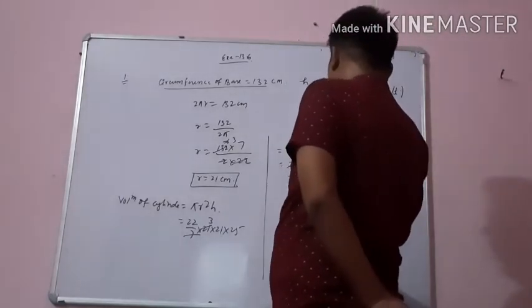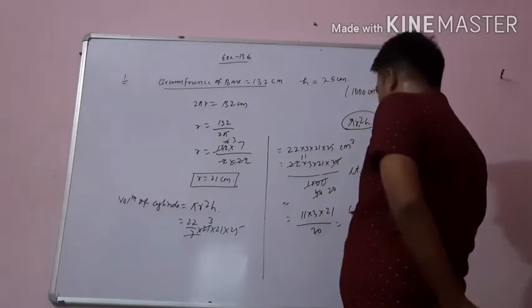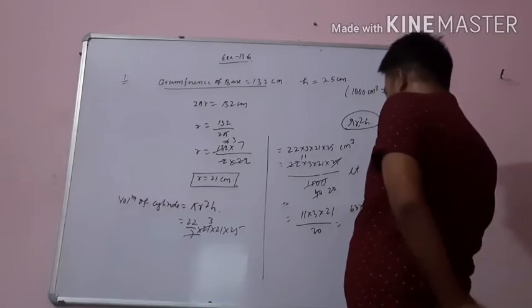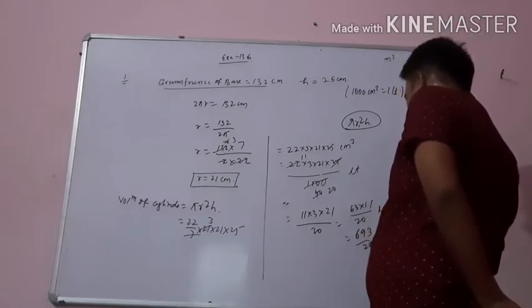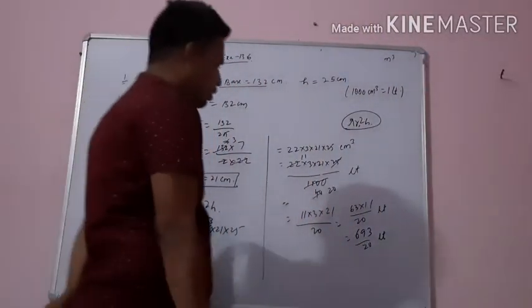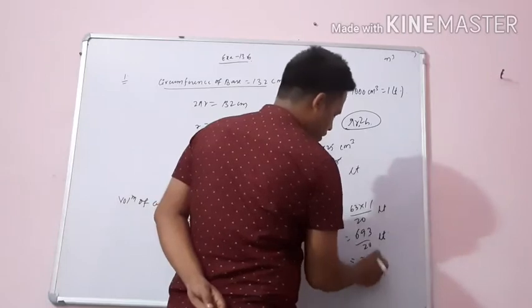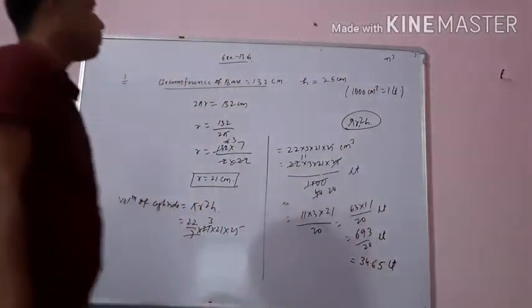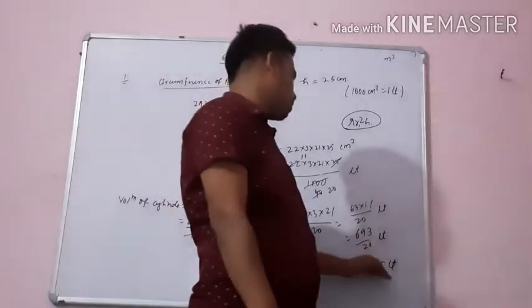Now 40, 20, 11. What we have got is 11 into 3 into 21 upon 20, which is 63 multiplied by 11 upon 20 liter, that is 693 upon 20 liter.